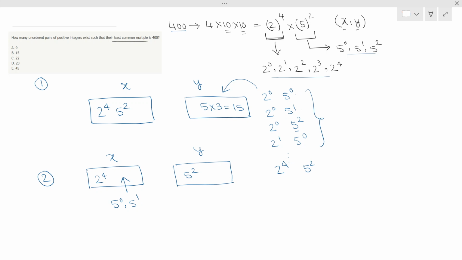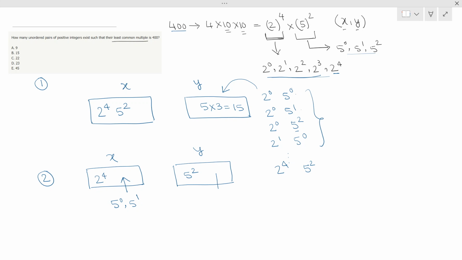Similarly, y cannot have any additional power of 5, but it can have any of the 4 available powers of 2. It cannot have 2 raised to the power of 4 in it, because the presence of 2 raised to the power of 4 and 5 square in a single number has been taken care of in case 1.